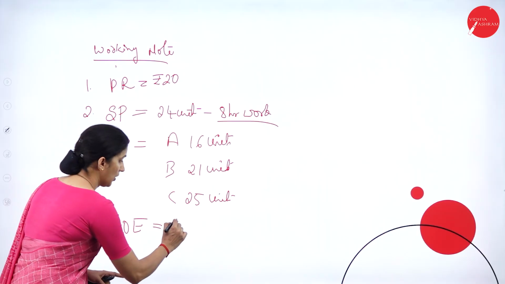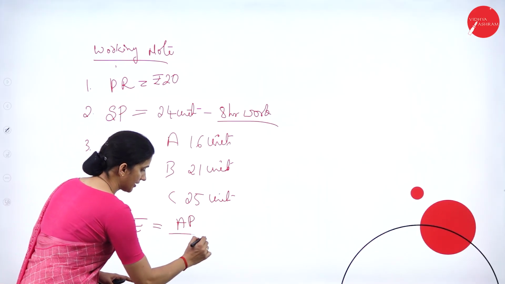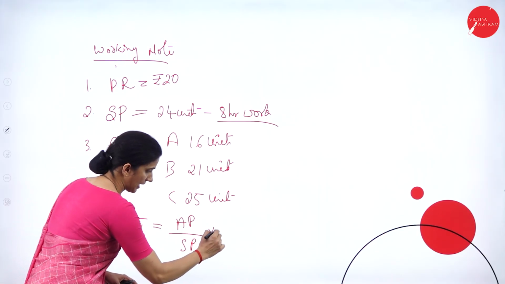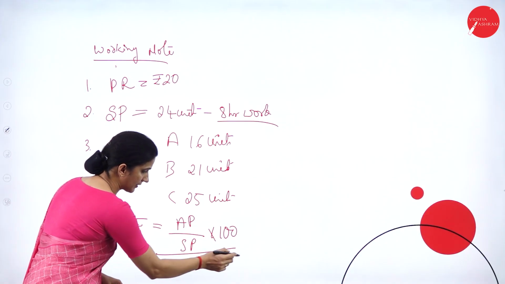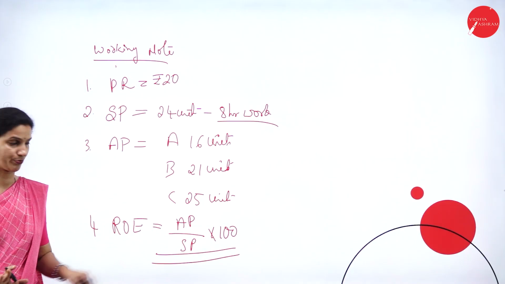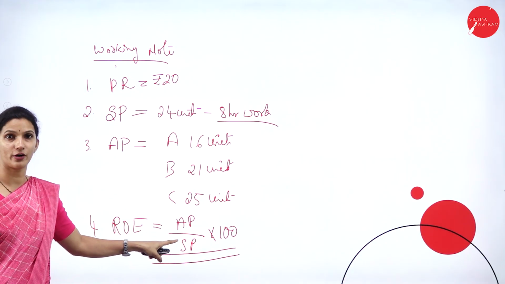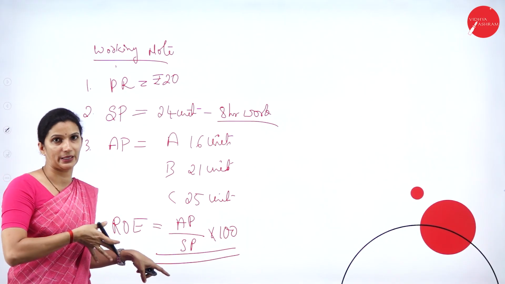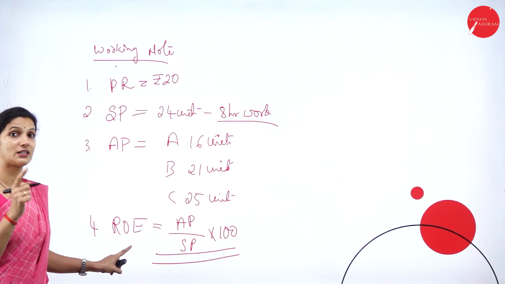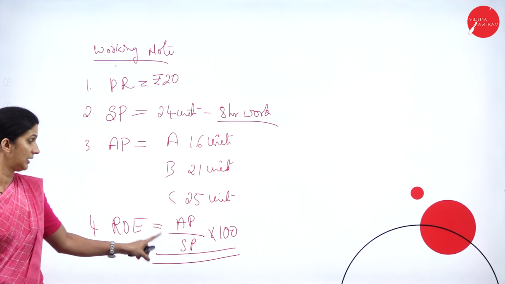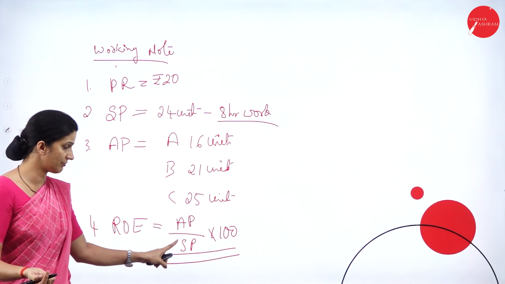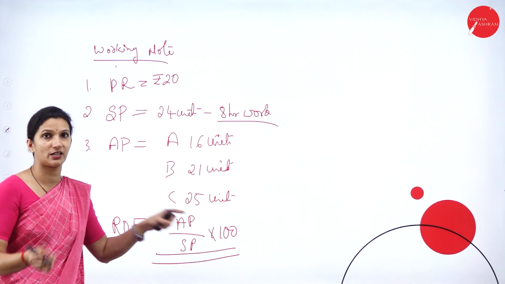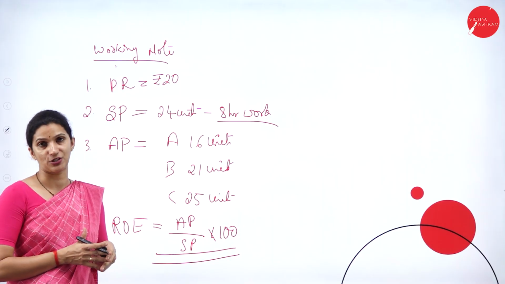Simple formula: actual production divided by standard production into 100, we will get the rate of efficiency. This is same for the Taylor's and also for the Merrick. When you have to calculate the efficiency level of the worker, actual production divided by standard production into 100 gives the rate of efficiency.